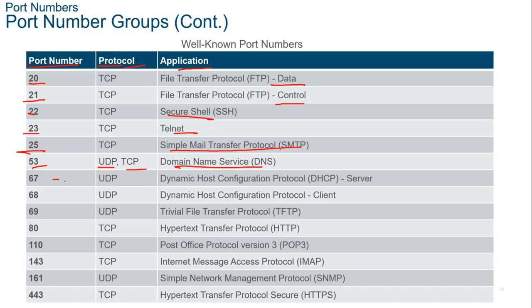67, that is DHCP, it's UDP. 68, we have the server and then the client. So 67, it's the server. 68, it's the client. And then 69, it's TFTP. 80, it's TCP now, Hypertext Transfer Protocol. 110, it's TCP, which is Post Office Protocol version 3. We have 143, which is IMAP.